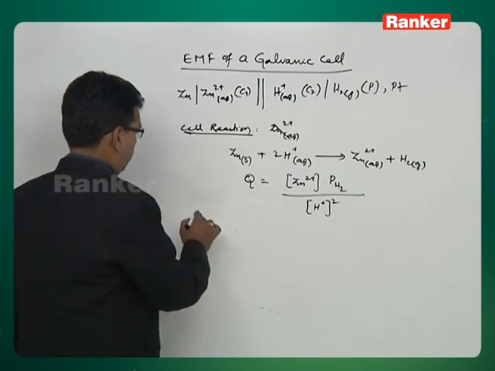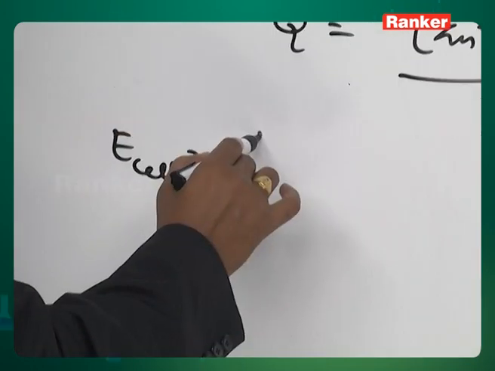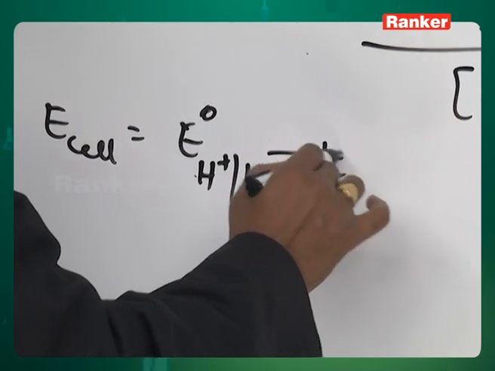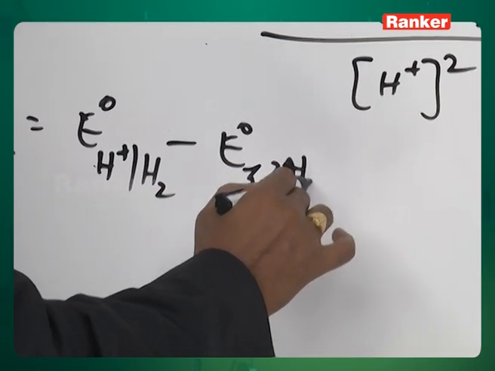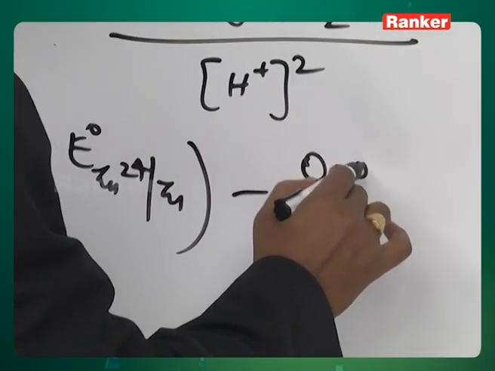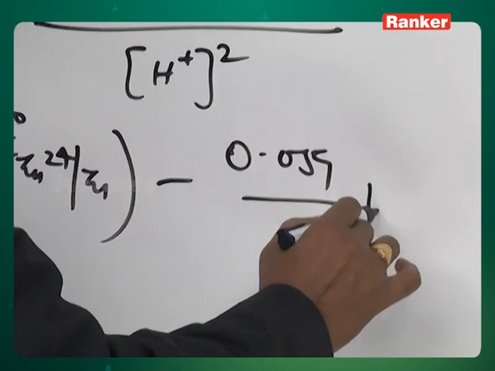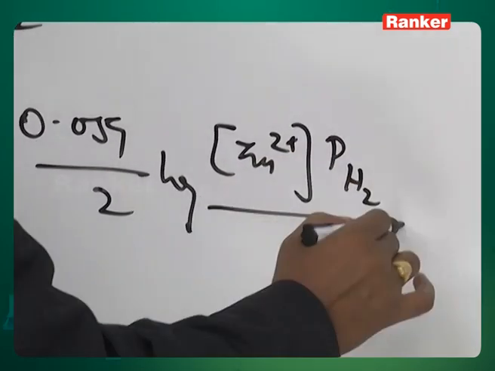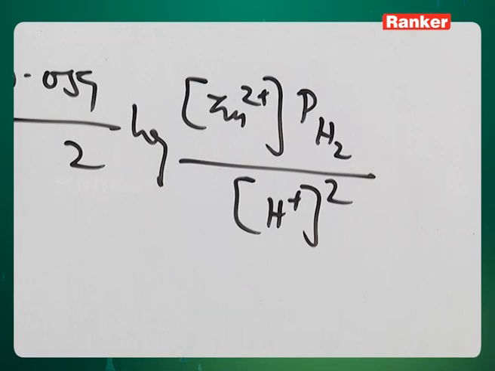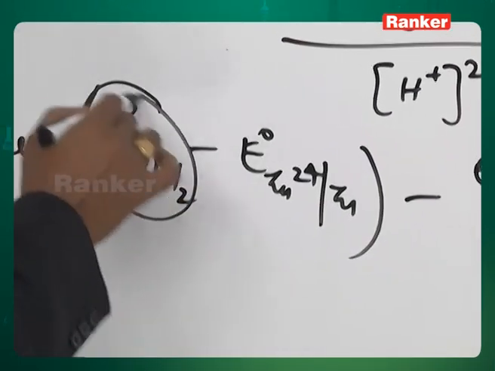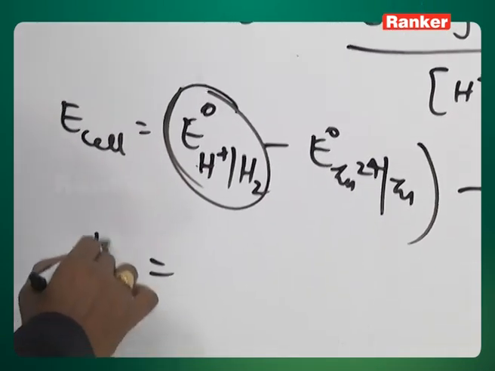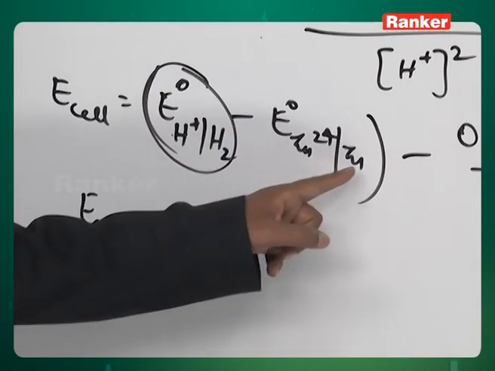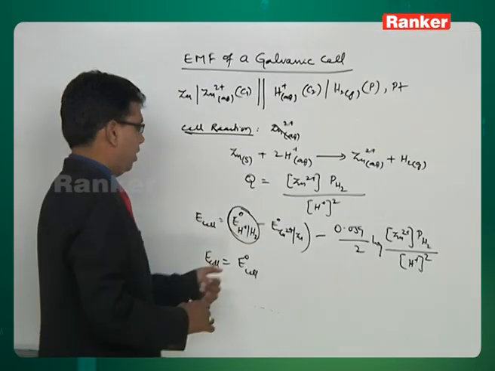This is the Q. Now, E cell is equal to E naught cell, that is E naught R minus E naught L. E naught R is E naught H+ by H2 minus E naught Zn2+ by Zn, minus 0.059 by n, the n value is 2, log Q, where Q is Zn2+ pH2 by H+ squared. Of this, the hydrogen electrode value is 0, irrespective of whether you write it or not.